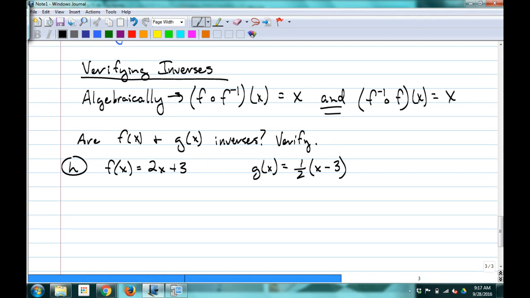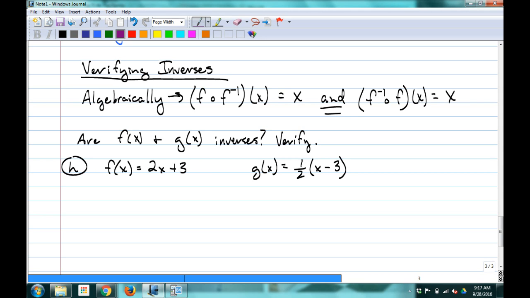Okay. So to verify that they're inverses, we need to show both of these directions of composition. That verifies inverse. If one of those doesn't give me plain x at the end, they're not inverses of one another. Usually, unless we make a mistake, if one direction doesn't fail, the other direction shouldn't fail either.